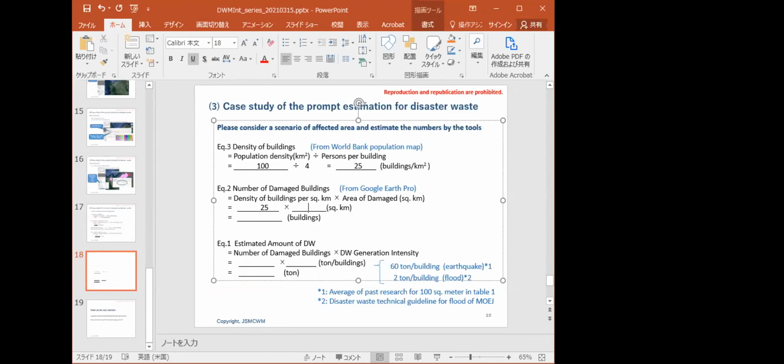The density of buildings is 25, and the affected area is almost 300 square kilometers. And we know the building number in the area, 7,500 in the area.